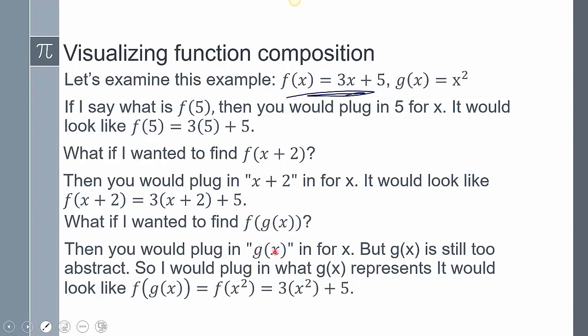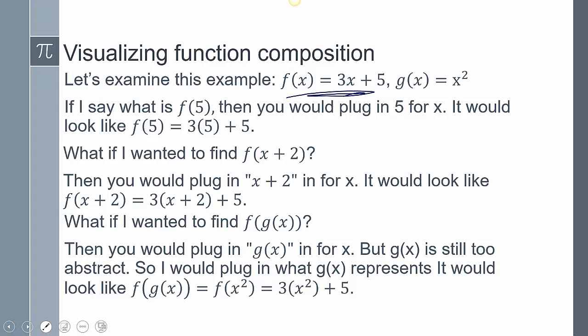You would plug in g of x for x. You consider this g of x an input, so whatever g of x is, that's what you're plugging in for x. So f of g of x is the same as f of x squared, because g of x we said equaled x squared, and so that would turn into 3x squared plus 5.